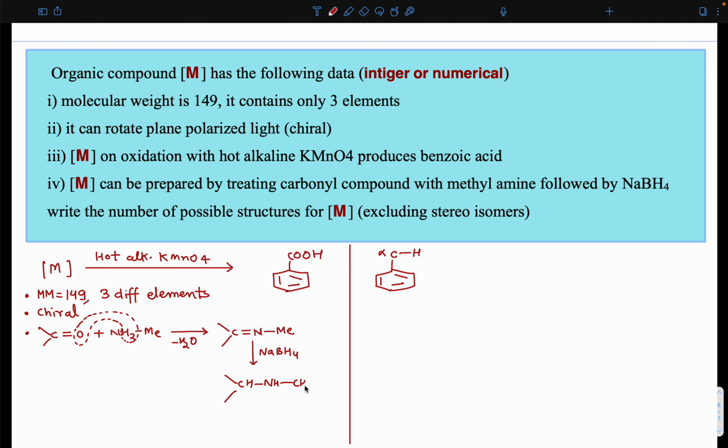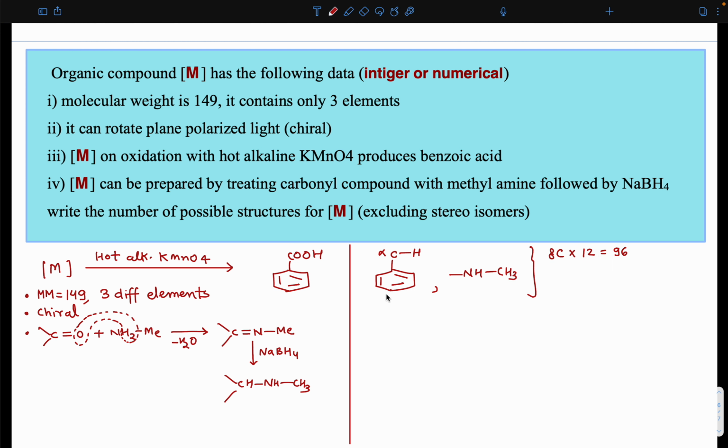Now one more hint we got, the compound has NHCH3. Now check how many carbons there are with this data. 6 carbons in benzene, the 7th carbon is alpha, the 8th carbon is in the methylamine, so the compound has 8 carbons with atomic mass 12, which means 96.